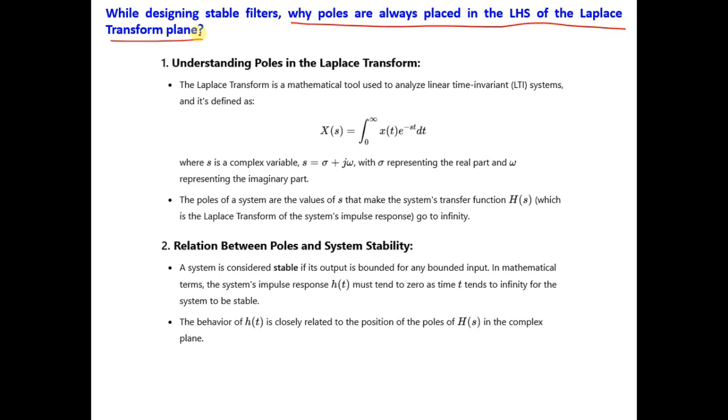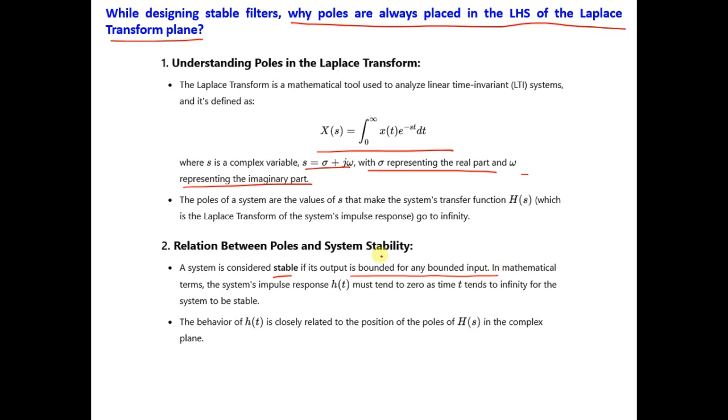Look at this equation, it is very familiar to you. It is the Laplace transform equation, right? So s is a complex variable, sigma is the real part, and omega represents the imaginary part. Now, the relation between poles and system stability. A system is considered stable if its output is bounded for any bounded input.